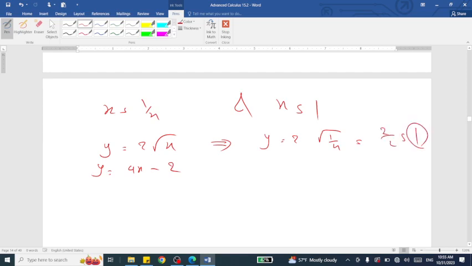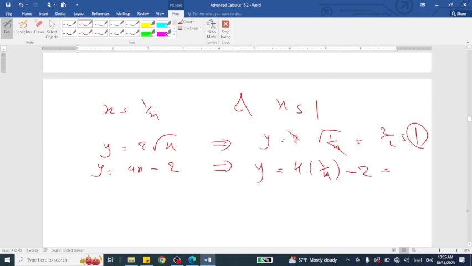Am I right? 1 over 4 square root, that is 1 over 2. So 1. Okay, y equal to 4 times 1 over 4, minus 2.